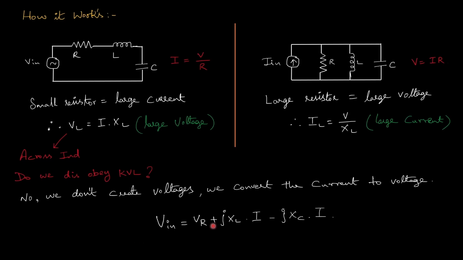From this we can notice at resonance XL and XC are the same, so the inductive and capacitive voltages just cancel out each other. Therefore, KVL is perfectly satisfied. We are not creating any new voltage here. We are just converting the current into voltage. The same principle applies as KCL in the current magnifier circuit. You can try this on your own.